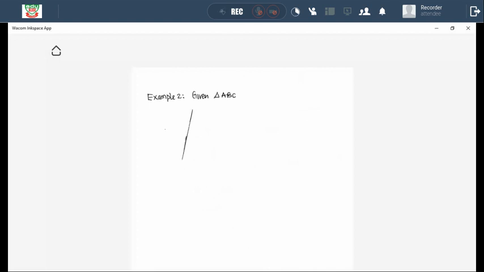That's your right angled triangle. This is A, that's B, that is C. Our question is: name the sides of triangle ABC. Now, my reference angle, call it alpha.